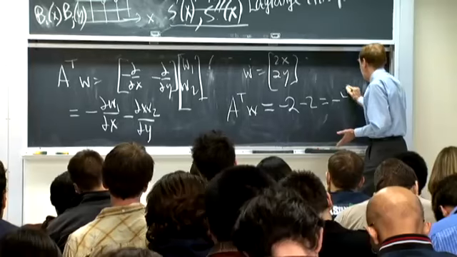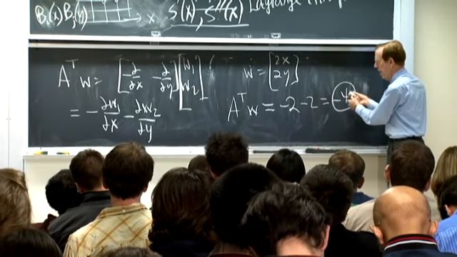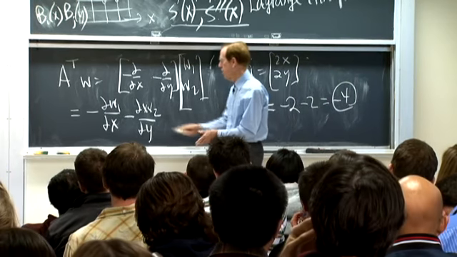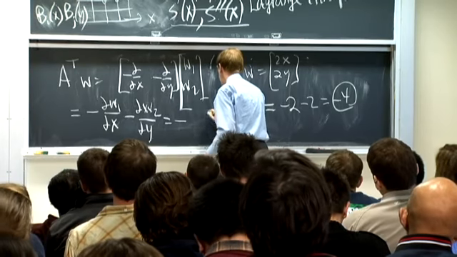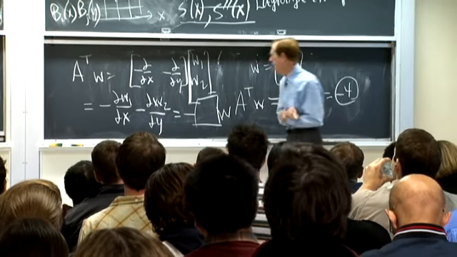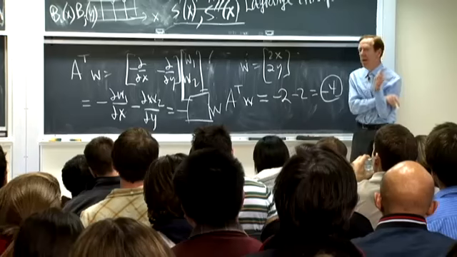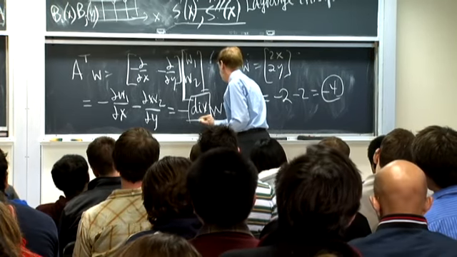I chose such a simple function, it came out to be a number. And so this is minus the what of W? Just tell me what's the name everybody uses for that operation? The divergence. It's the minus the divergence of W.